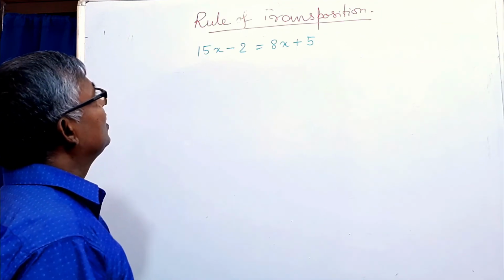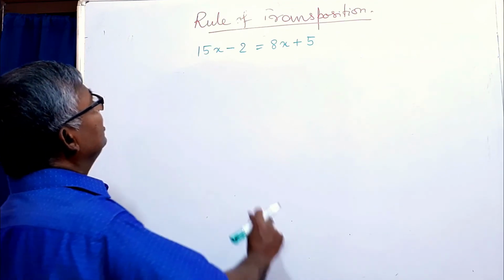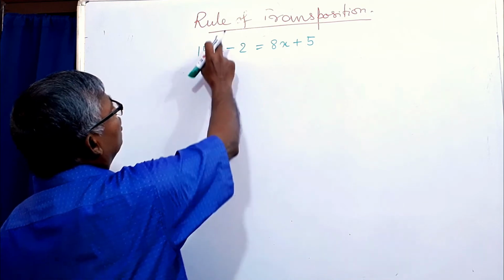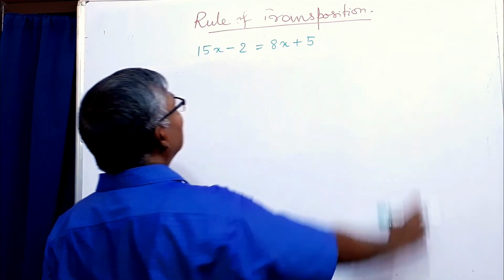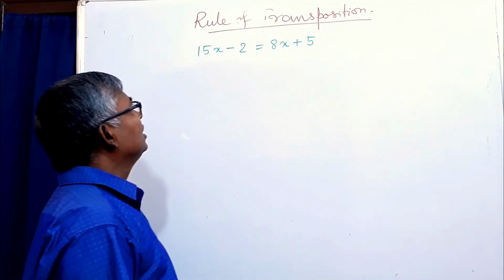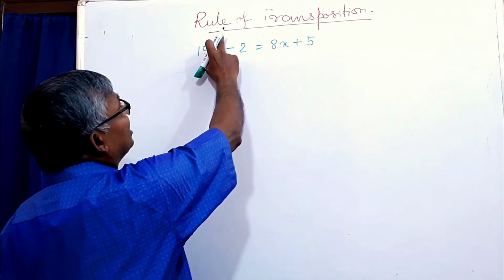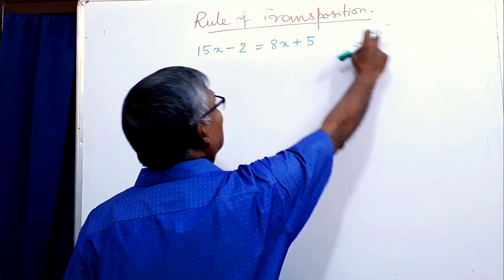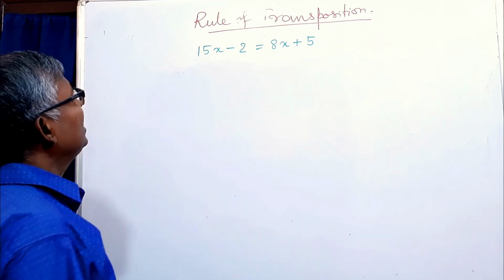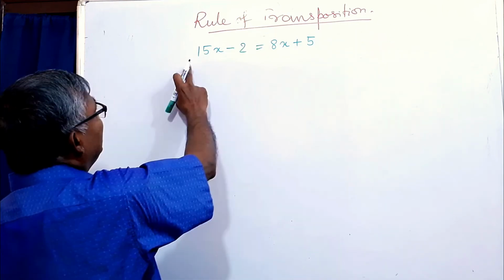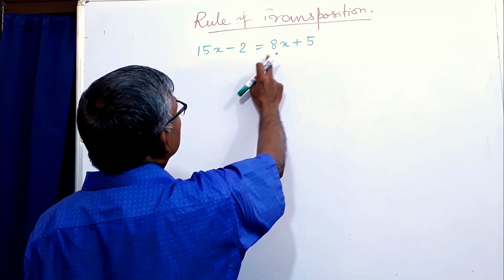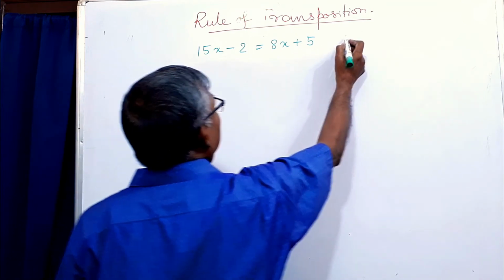Let us learn one important rule of transposition. While you are solving an equation, this rule is very important. So let us learn what the rule is. Suppose 15x minus 2 equals 8x plus 5 is an equation.